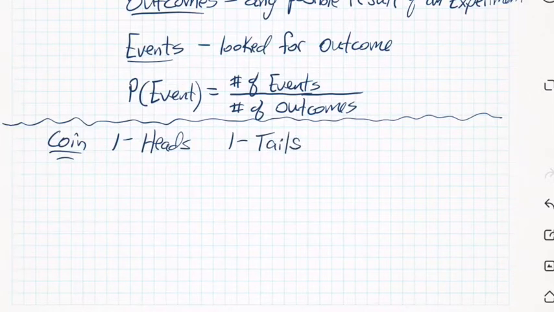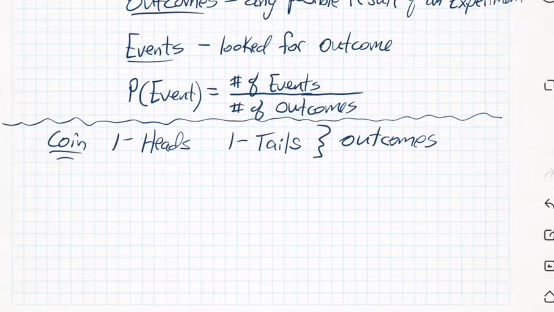So we can look at this as a single coin, and if we were going to flip it just once, the expectations would be that there's one heads and one tail, and these become our outcomes without even flipping it. So this becomes a different type of probability, but it has some of the same features.